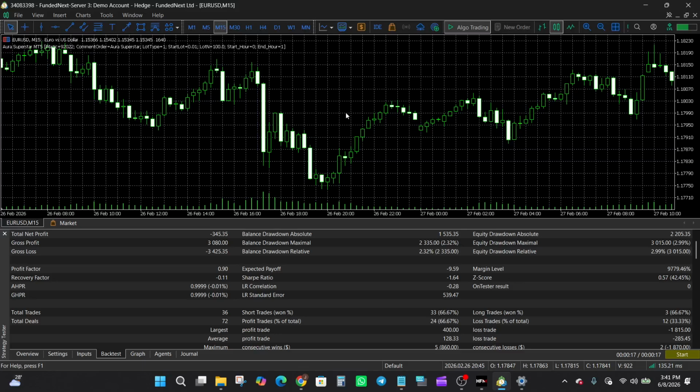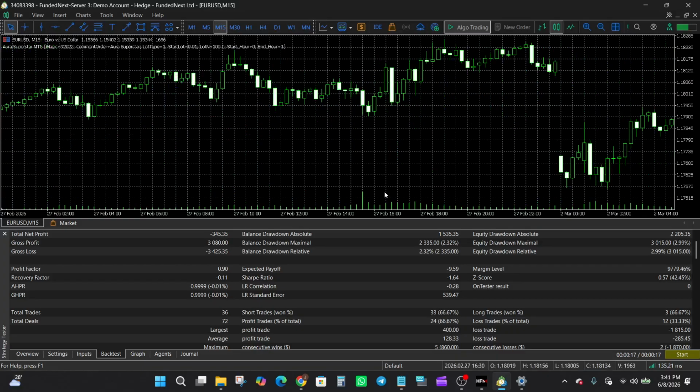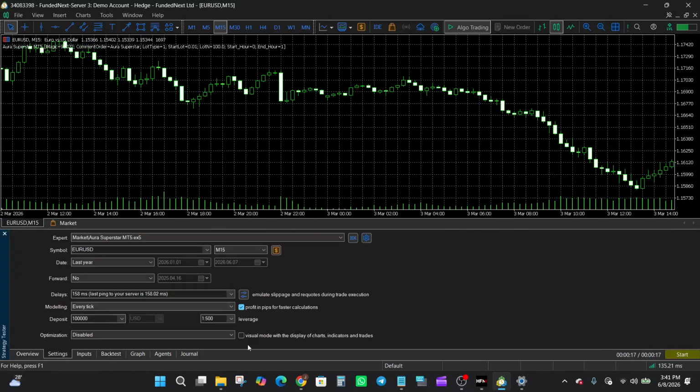As always, I would recommend running longer term testing and experimenting with different broker conditions, spreads, and settings to fully understand how the EA behaves before considering any live deployment, since performance can vary significantly depending on market environment and execution quality. So before we round up, I'm just going to turn on the visuals.